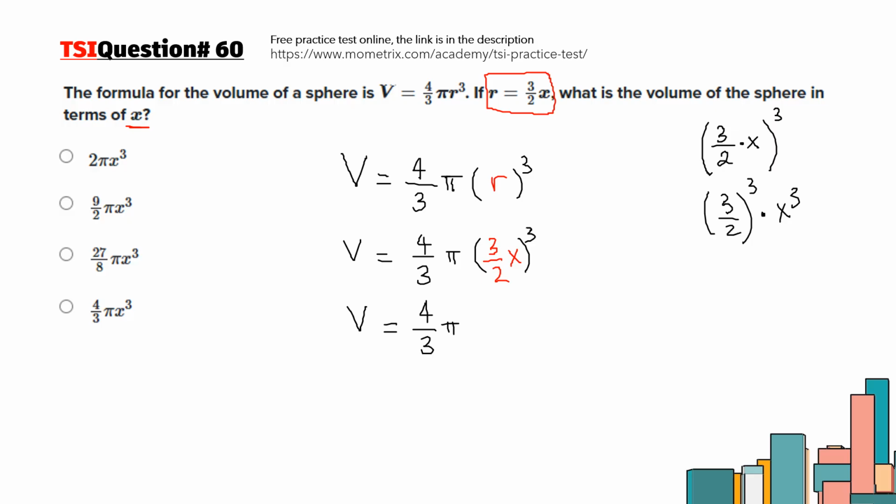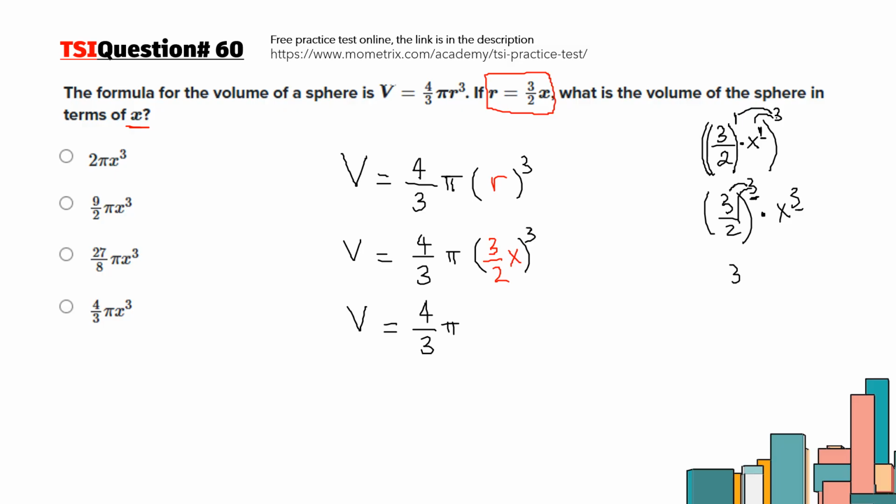Okay, so this one is 3 over 2 to the power of 1, x to the power of 1. We distribute the power by multiplying the powers together. So we have 3 times 1 is 3, then we have 3 times 1 is 3. Now we distribute again for the fractions, top and bottom, numerator and denominator.